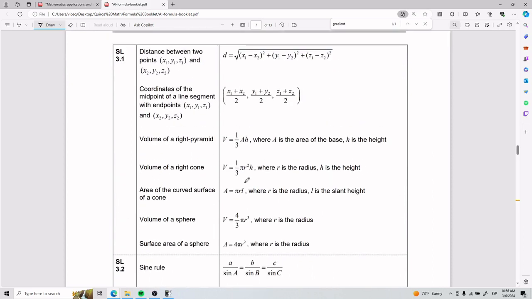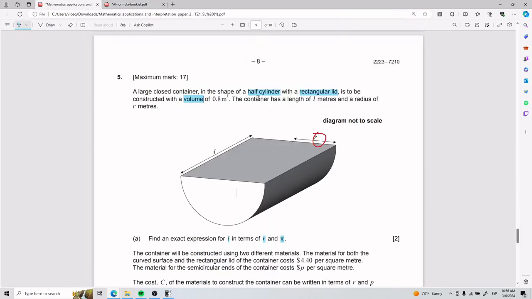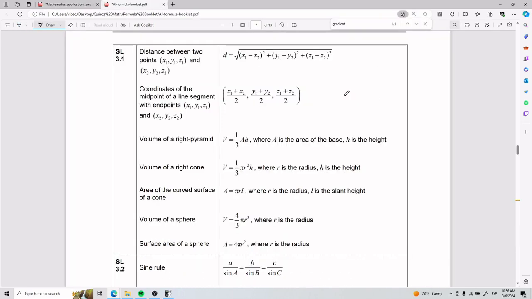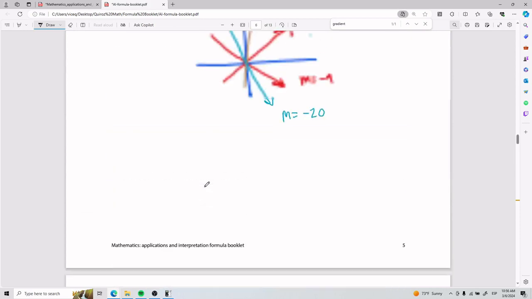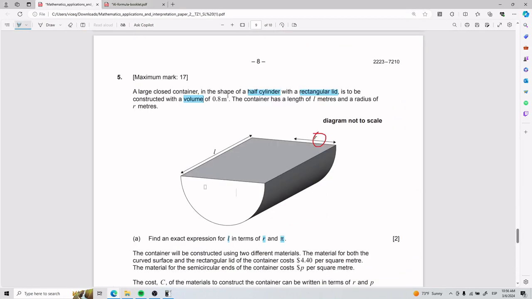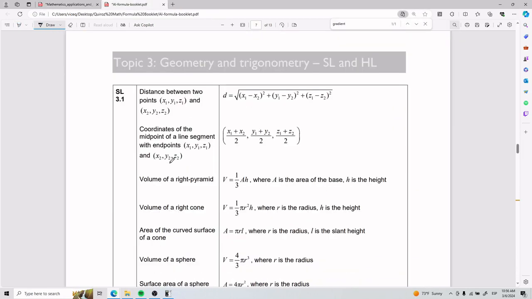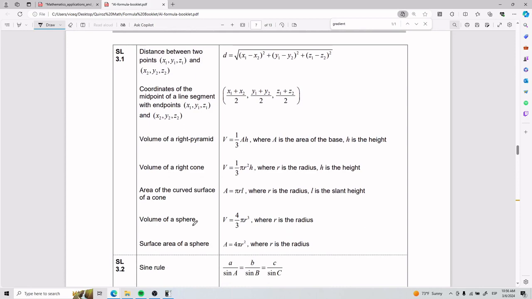So here I have a bunch of volumes. What was I dealing with again? We were dealing with half a cylinder. Volume of a sphere, cone, right pyramid. Unfortunately I do not have the volume of a cylinder there.